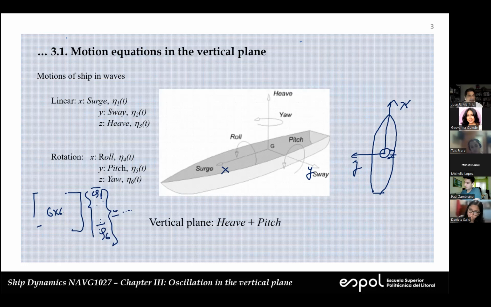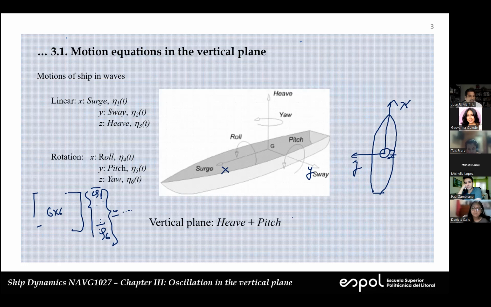So that's why usually what we do is we separate it in what we call 2 planes, okay? One is the vertical plane. In the vertical plane, we have the combination of heave and pitch. They are coupled, okay? So if you study the motion of the ship in the vertical plane, you cannot study heave unless you include pitch and vice versa. Now, there are simple cases where this coupling disappears, okay?